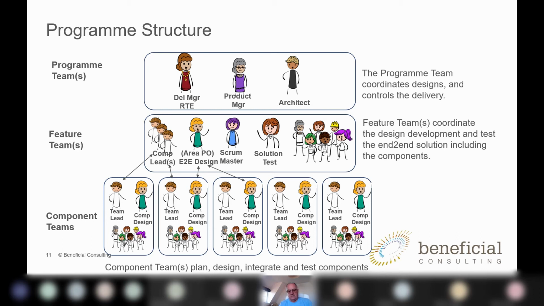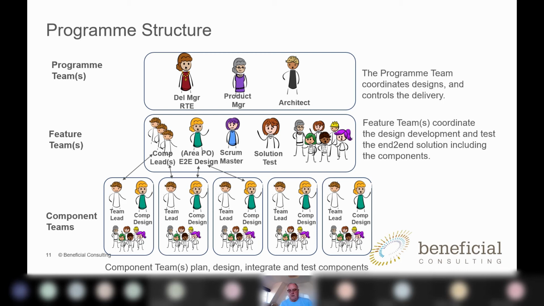It's not just, you see, when you get to programs, it's not just the 3 Scrum roles, it's bigger than this. So you need to think about the roles and responsibilities and making sure you've got the right people in the right places to enable a feature team to operate. And bearing in mind a program could have several feature teams involved, and indeed some of those feature teams may have components that are being delivered into them.